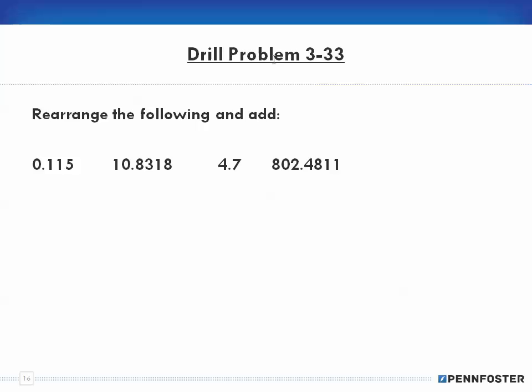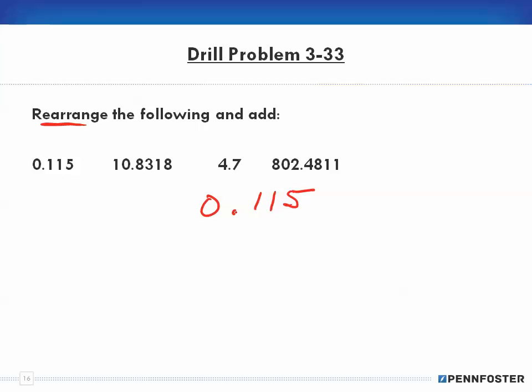All right. Drill problem 3-33. Rearrange the following and add. Because it's asking us to rearrange, what that means is we want to write the numbers so that all of the decimal places are lined up correctly. And this is what I have alluded to in previous videos about making sure your positioning is correct. So I have 0.115.